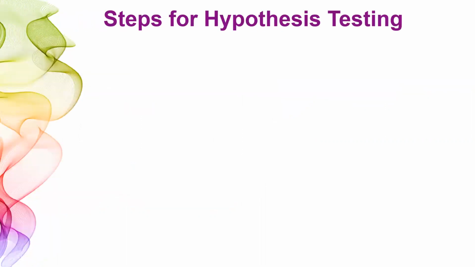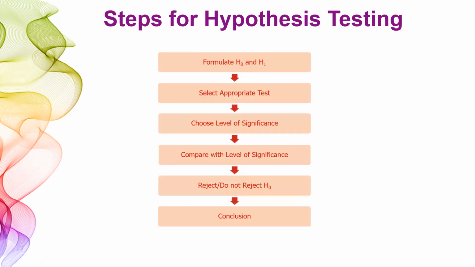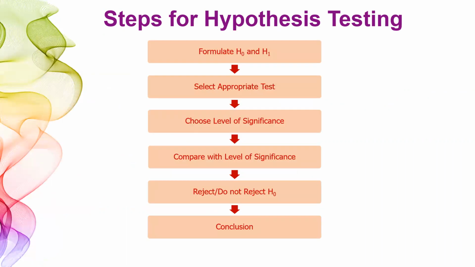Next we'll see what the different steps for hypothesis testing are. The first one is to formulate H0 and H1. Here, H0 means the null hypothesis and H1 is denoted for the alternative hypothesis. The first step in hypothesis testing is we have to set up the hypothesis.